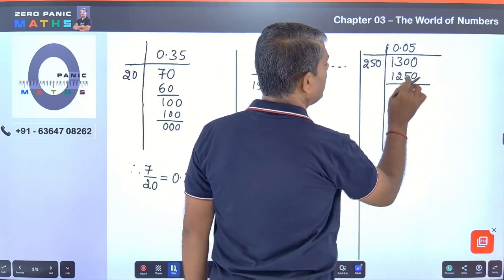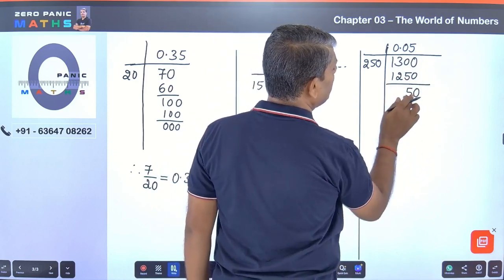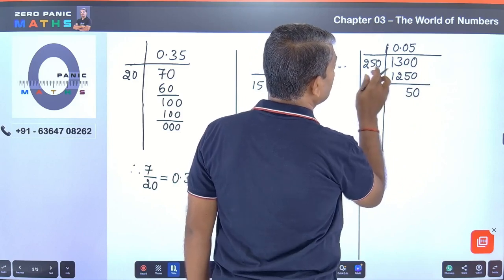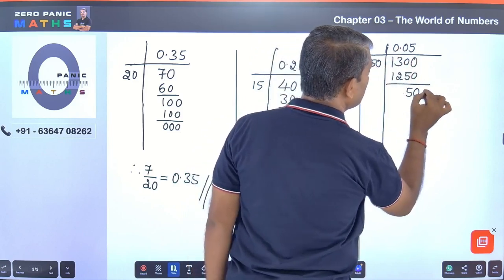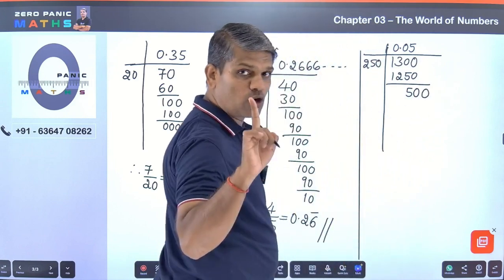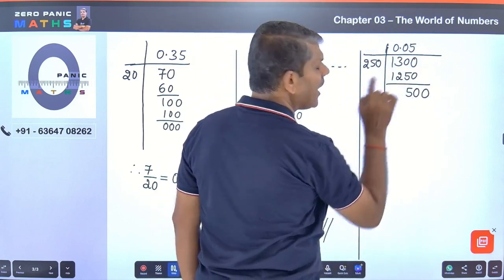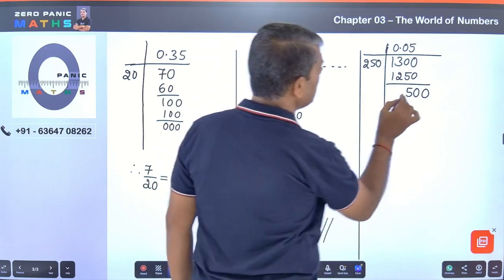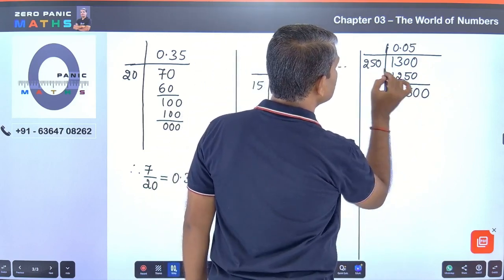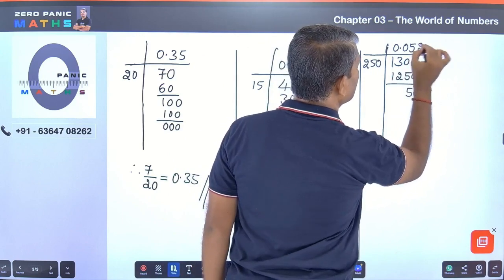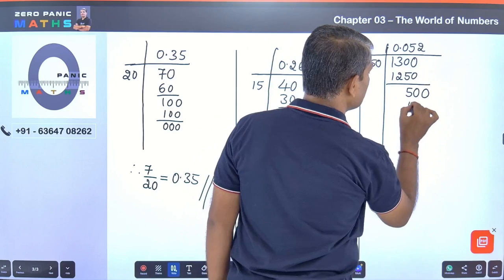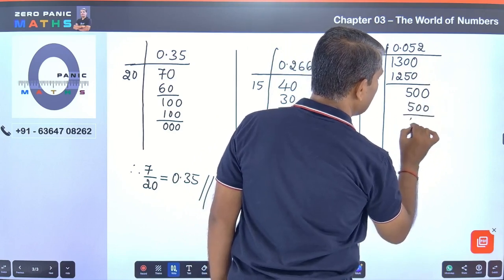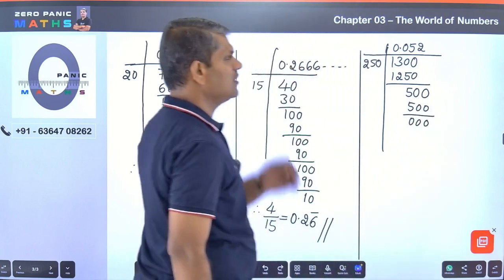Sorry, 1300 minus 1250 is 50. Again 50 is less than 250, but since I have given a decimal point, I am allowed to take one 0. So 500 is twice 250, so 250 times 2 is 500 exactly, leaving me with a remainder of 0.